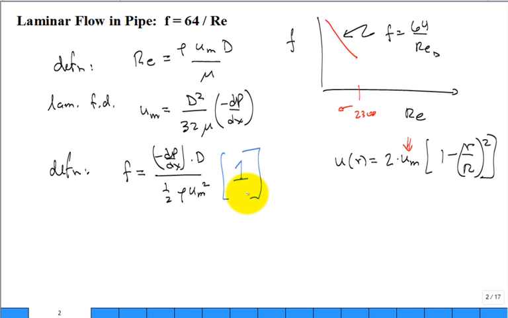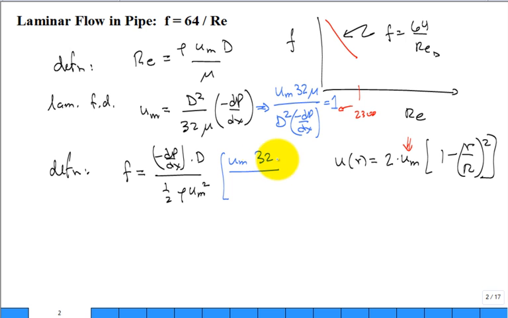So we take a look at this equation right here, and I can rewrite it to make it look like 1: u sub m times 32 mu divided by d squared times minus dp dx. Is this equal to 1? Sorry, I tucked it in there, but let's now multiply by that.